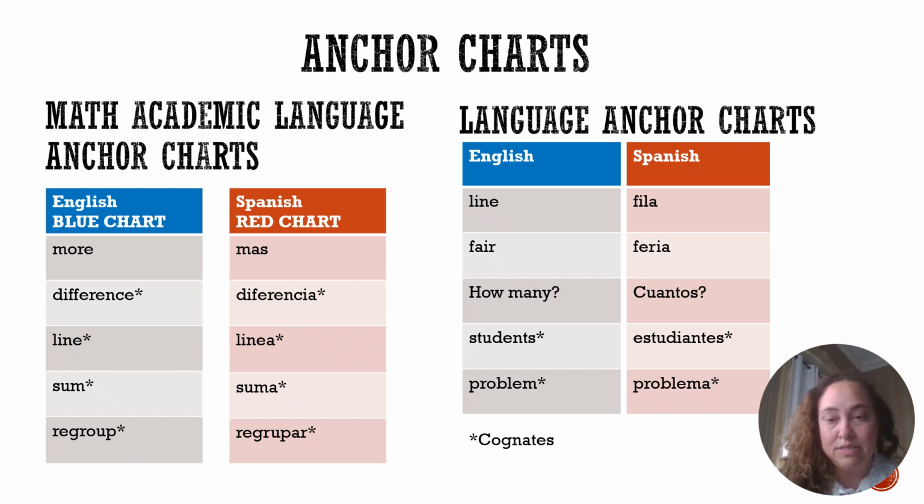And so being able to build those in both languages, and then anything that we're looking at in the language itself is something we can build and continue to compare as well. So that's the first thing we would do, is reference our anchor charts before we continue on with the question.